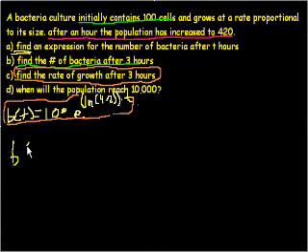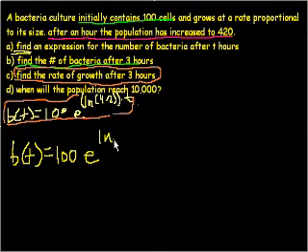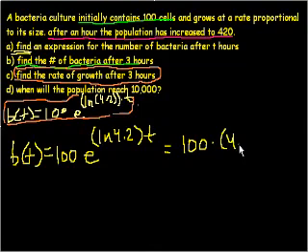We knew that part A, b of t is equal to 100 e to the natural log of 4.2 t, and I said, well, that's the same thing as 100 times 4.2 to the t power. And they say, when will the population reach 10,000? So they're essentially saying, at what time t is b of t equal to 10,000?